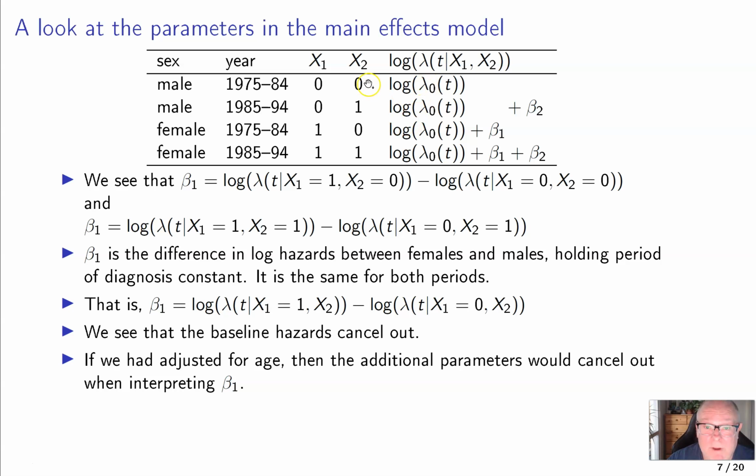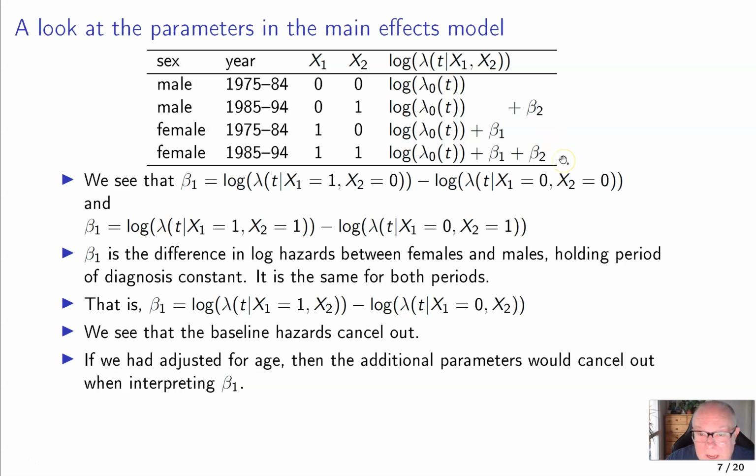And then when we keep period at the 0 level, but we go to female, the predicted value of the outcome is the log baseline hazard plus beta 1. As I said before, beta 1 is the additional log hazard for females compared to males. And we can see by taking this bit minus this bit, we get beta 1.